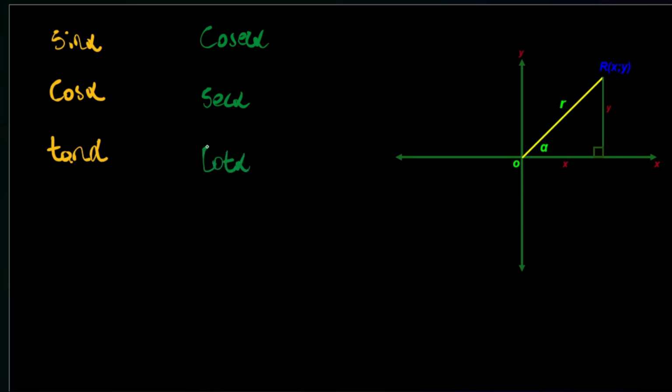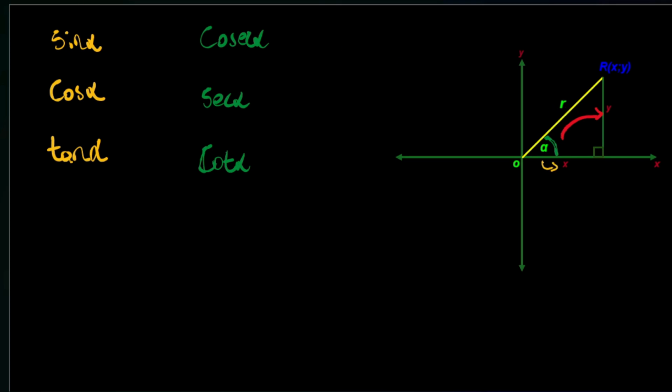Now in our triangle here, we've got our alpha angle, and it is opposite side y, and it is adjacent to side x, and r is the hypotenuse.